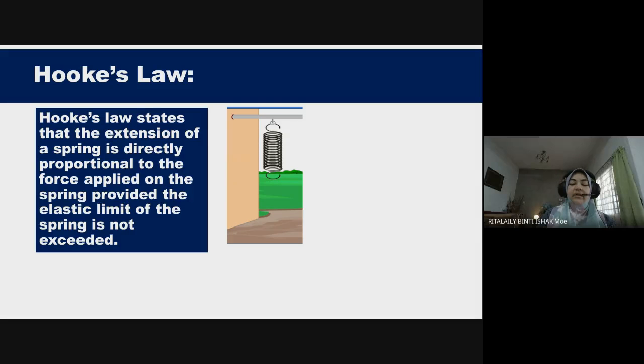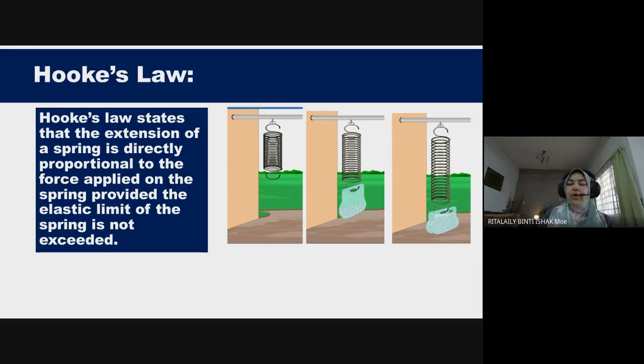If we hang more mass or more weight, like in the diagram, at first there is no weight hanging on the spring, but as we increase the weight, the extension of the spring increases. There is one condition: the force exerted does not exceed the elastic limit.